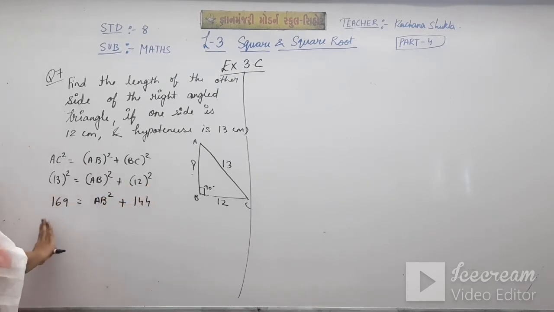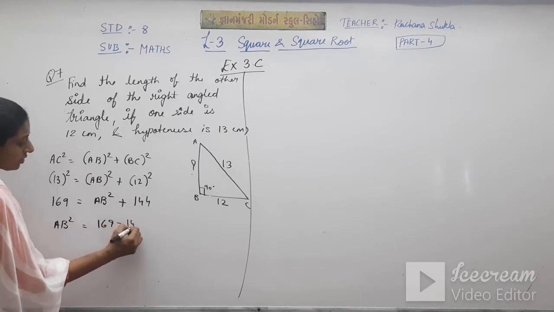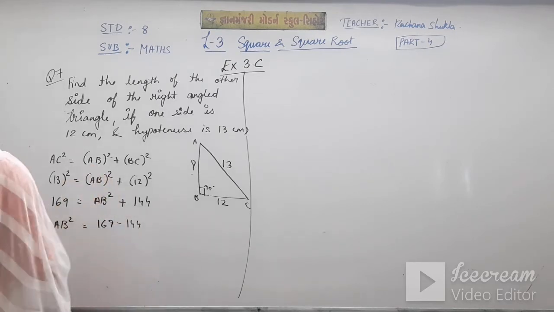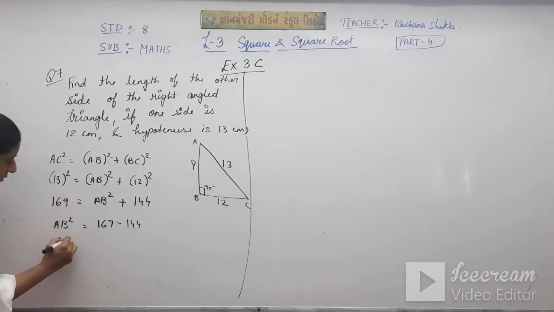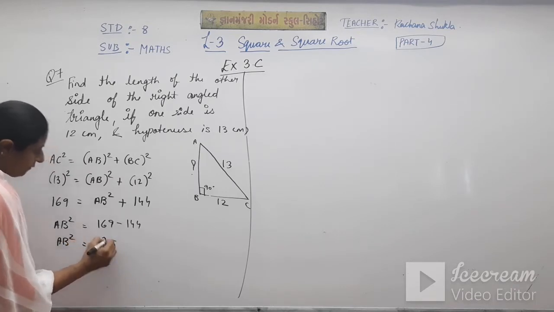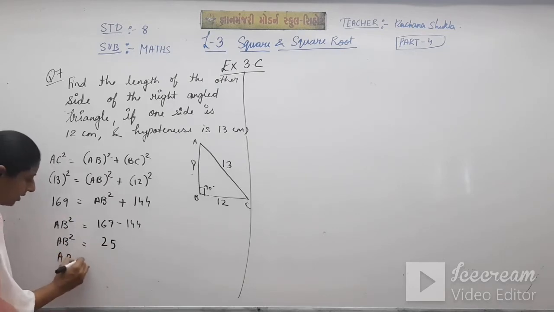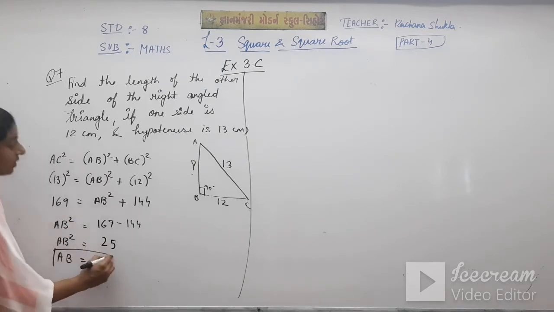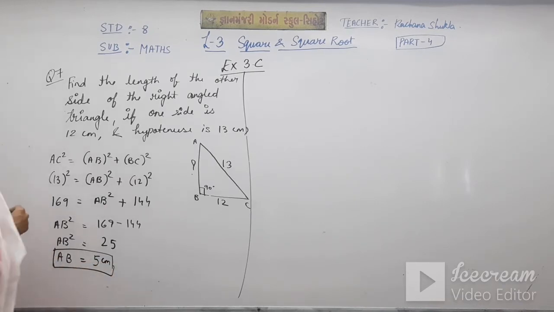Now AB square will come this side and 169 will move this side. AB square is equal to 169 minus 144. AB square is equal to 25. Therefore AB is equal to 5 centimeter. Yes, we got AB as 5 centimeter.